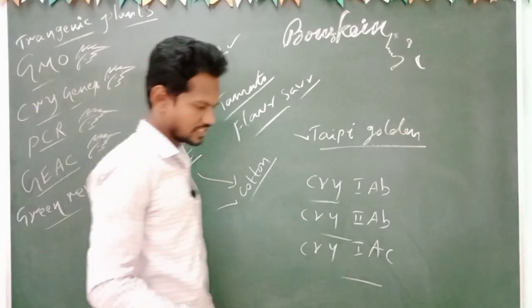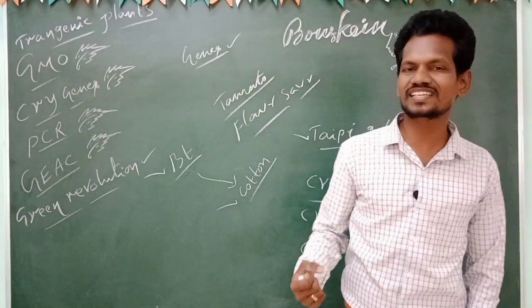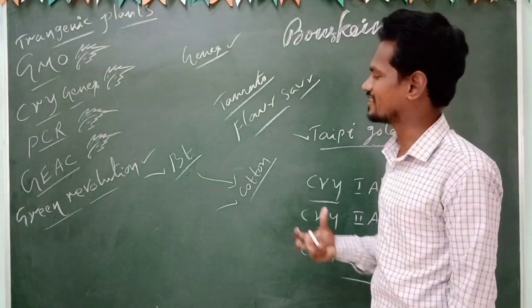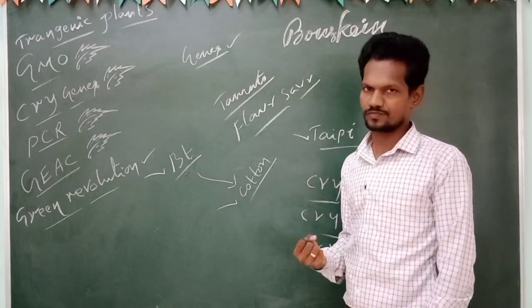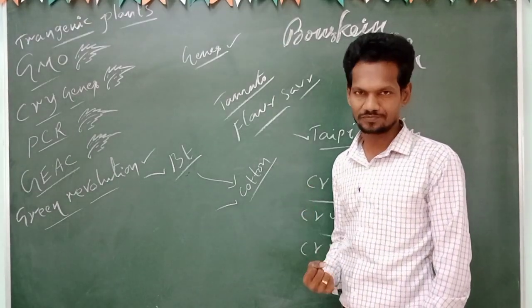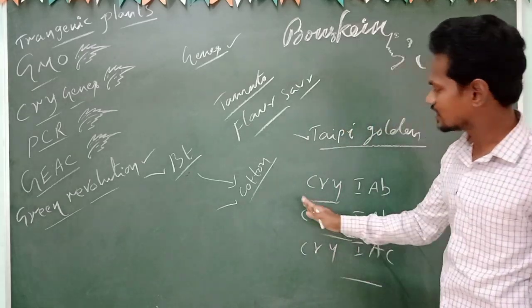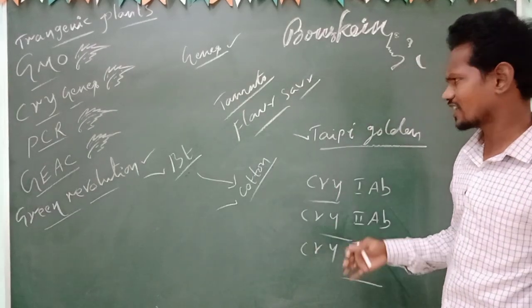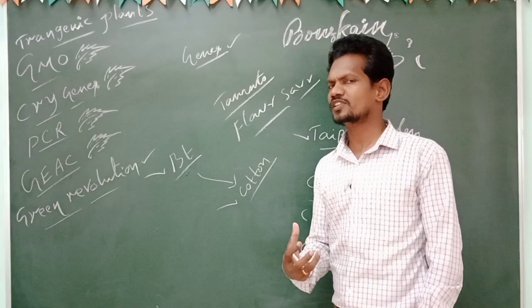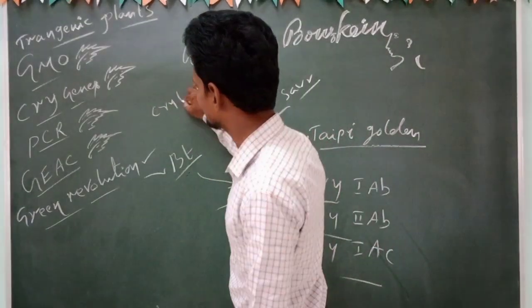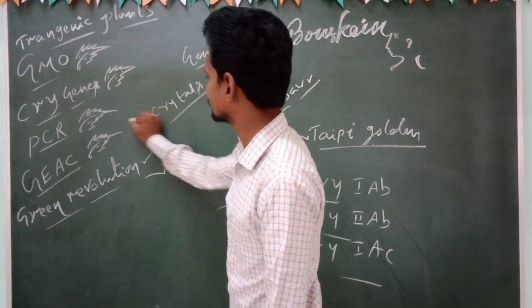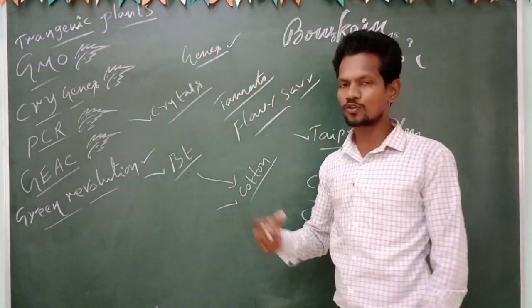These genes have the capability to kill and prevent pests and different types of worms, such as army worm, and so on. These genes produce special proteins, which are in the form of crystals.